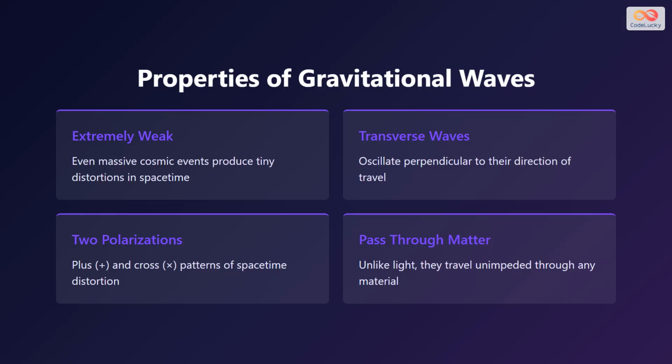They come in two polarizations, called plus and cross patterns, which describe how they stretch and compress spacetime. Perhaps most remarkably, gravitational waves pass through matter almost completely unimpeded. Unlike light, which can be blocked by dust or absorbed by matter, gravitational waves travel through anything in their path, carrying pristine information about events that would otherwise be invisible to us.